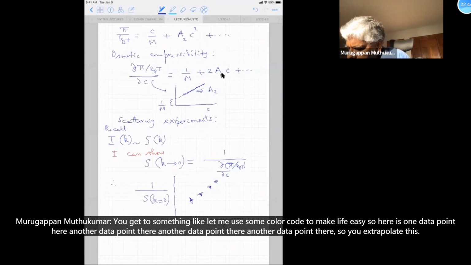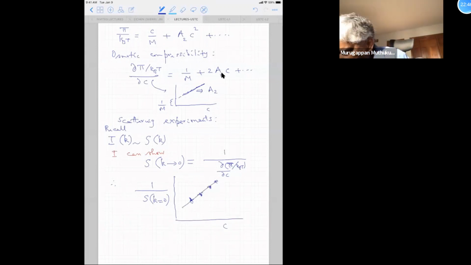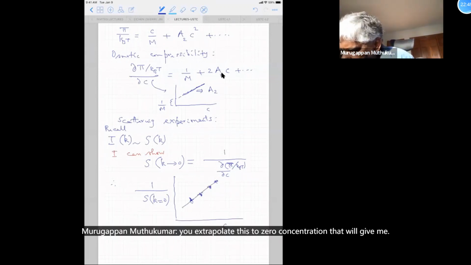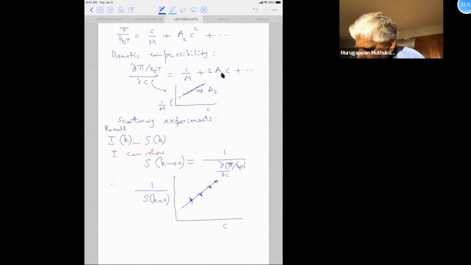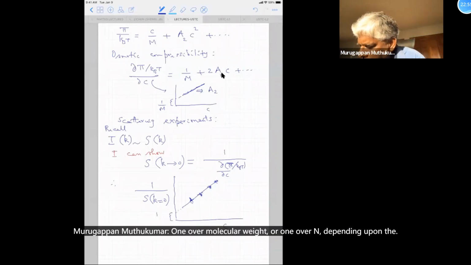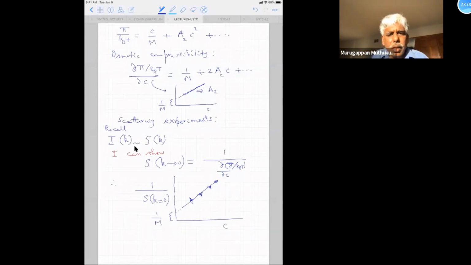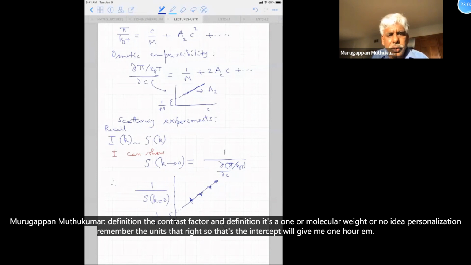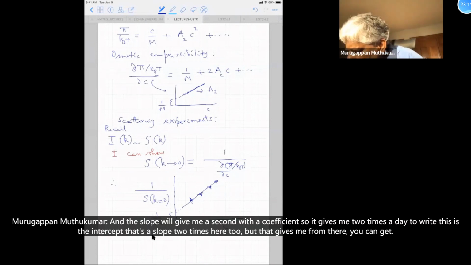So you extrapolate this to zero concentration, and that will give me 1 over molecular weight or 1 over N, depending upon the definition of the contrast factor, the units there. So the intercept will give me 1 over M, and the slope will give me the second virial coefficient. The slope gives me 2 times A2.